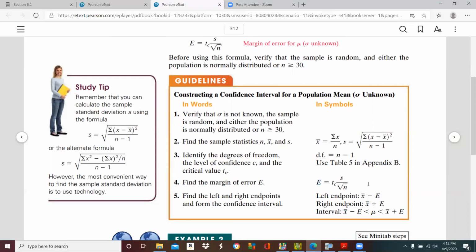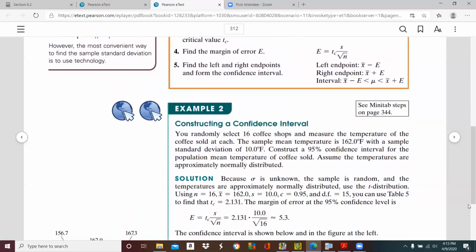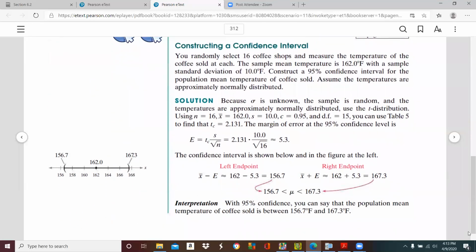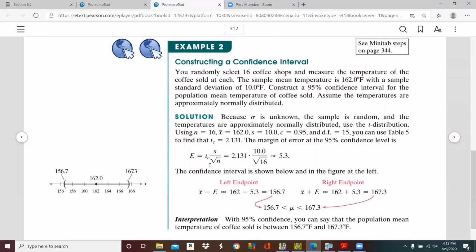Use this instead of the one in 6.1. But we do the same thing to create our confidence interval. Once we calculate our margin of error, we subtract it from the sample mean to get the left endpoint of the interval, add it to the sample mean to get the right endpoint of the interval, and we have our confidence interval. Now, the only thing that's different is to get the T critical value in this case.